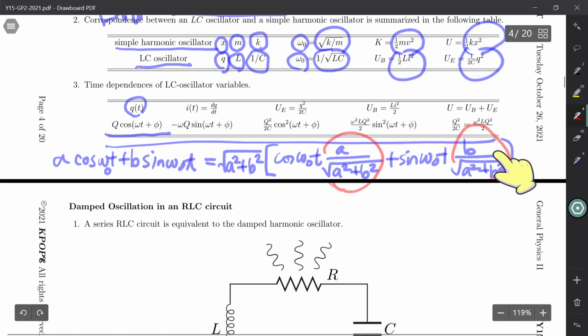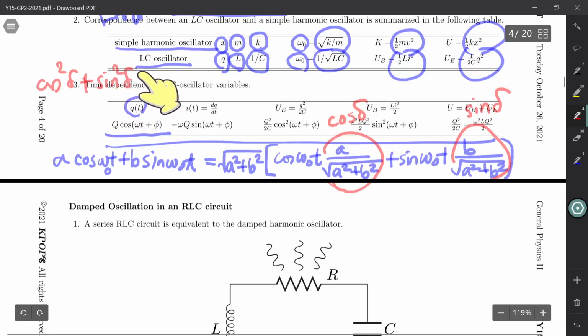These can be expressed as cosine delta and sine delta, because the square of the two numbers equals 1.